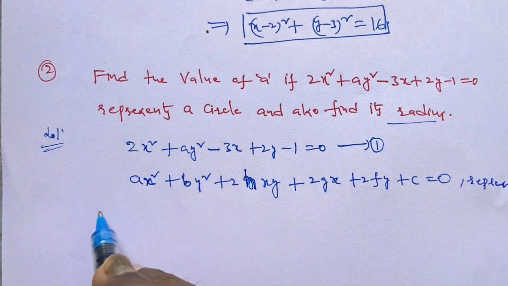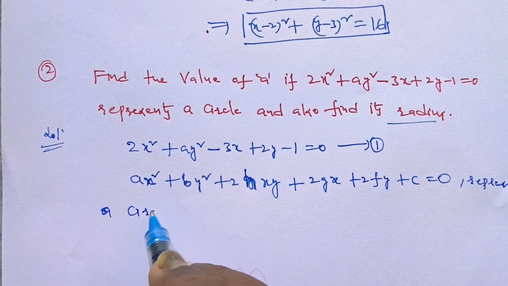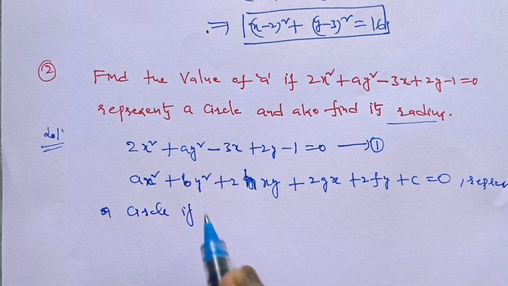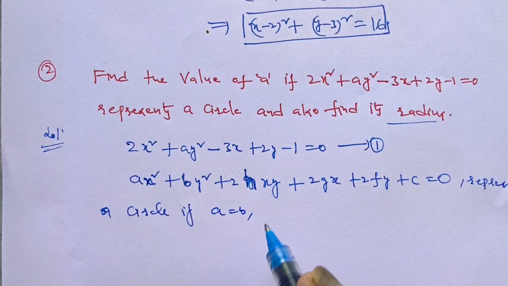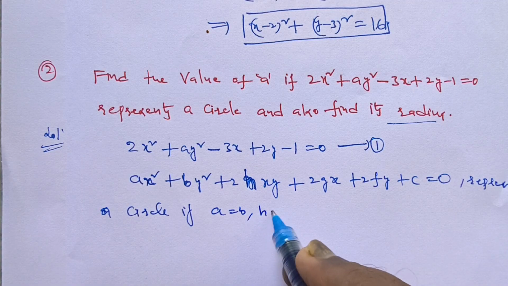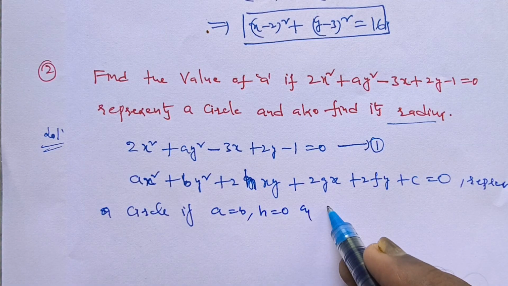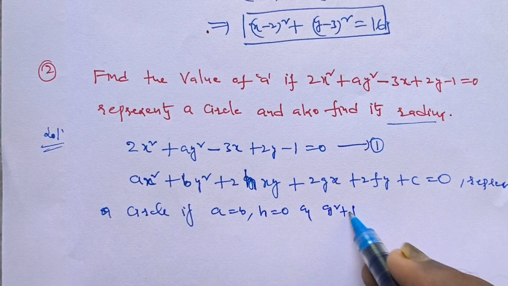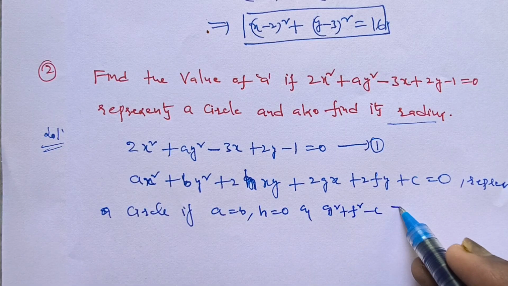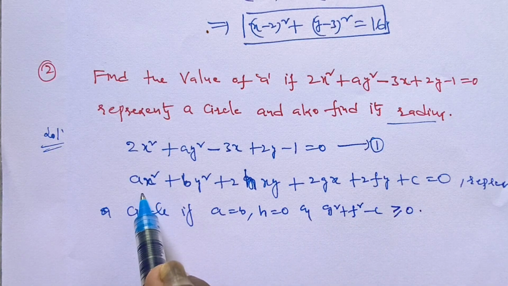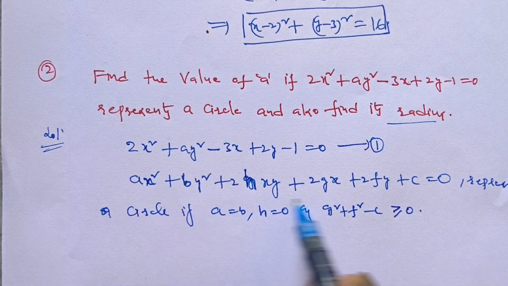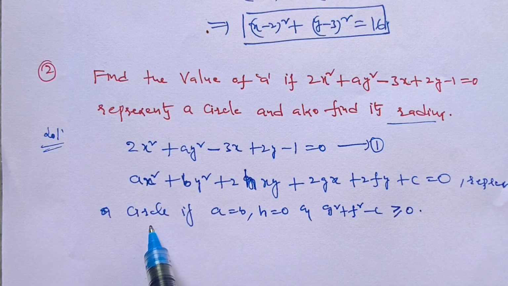Ax square plus by square plus 2hxy plus 2gx plus 2fy plus c equals to 0 represents a circle if the condition is a equals to b, h is equals to 0 and g square plus f square minus c is always greater than or equals to 0. So if this equation represents a circle equation, it has some conditions.